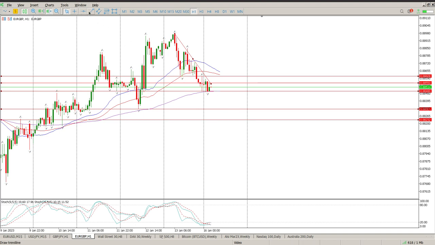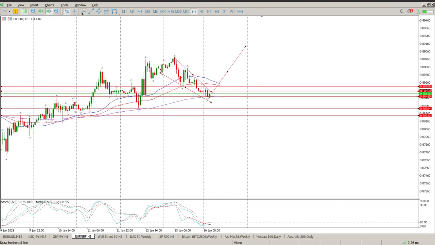If this does break, I'm going to just put one last thing in here. If it does break to the upside, that is the wedge that is forming. That gives us a fairly decent move to the upside like that.